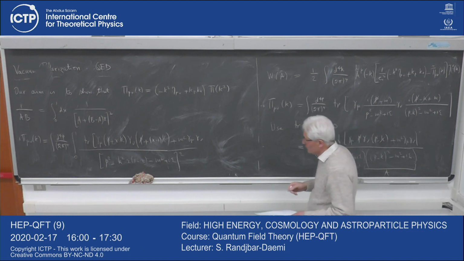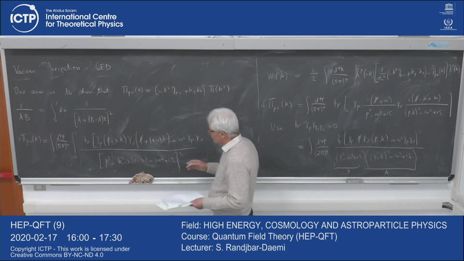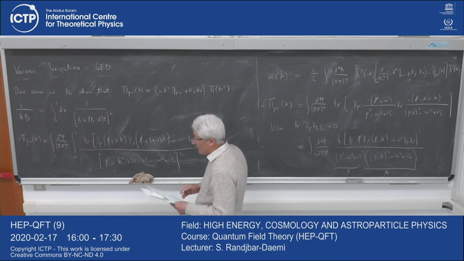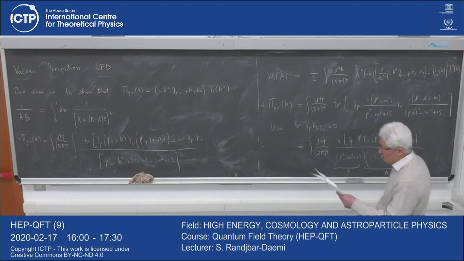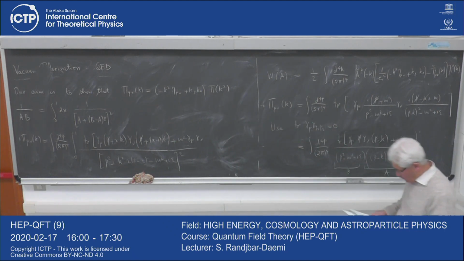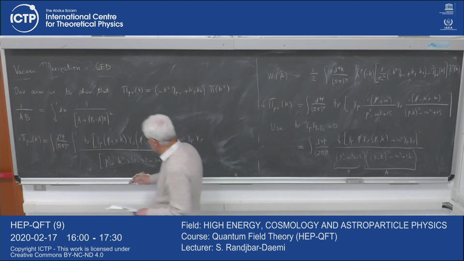The only thing which can change from one theory to the other, like the scalar field theory, phi to the fourth, or phi cubed even, for the self-energy graph, is just the expression in the numerator. The denominator will always come to the same form.